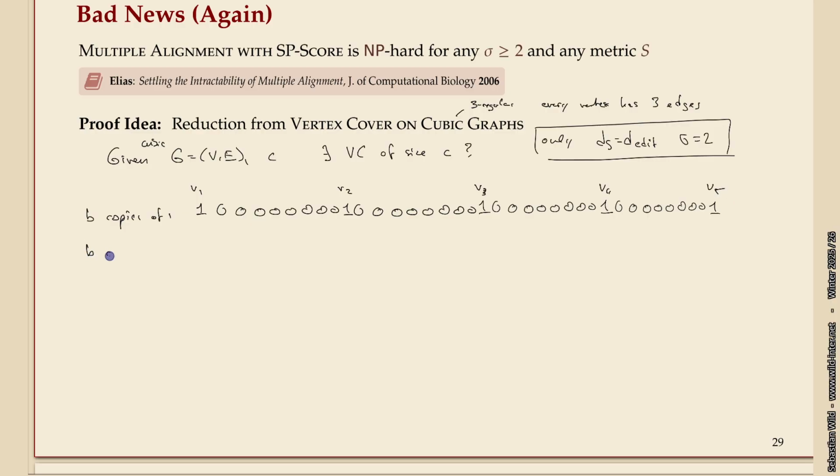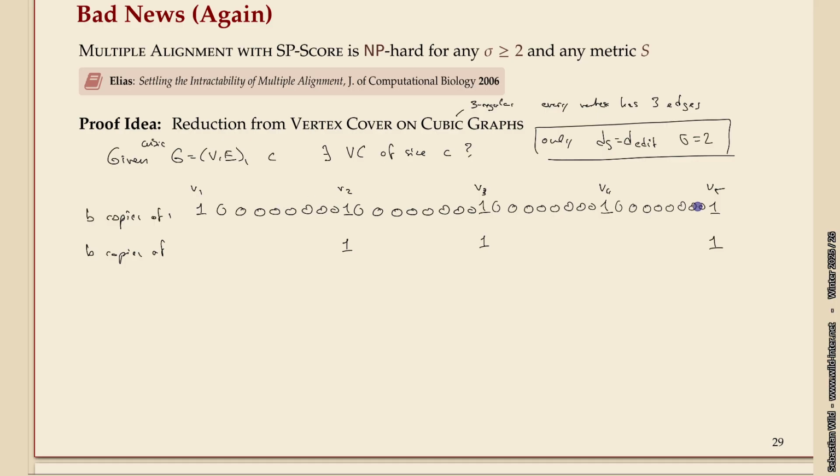Then we also have B copies of a string that forces us to select a subset of vertices of size C. And this is a string that has just C 1s, okay? But in any good alignment, you'll have to put these in alignment with some 1 columns, because again, you have many copies of these.